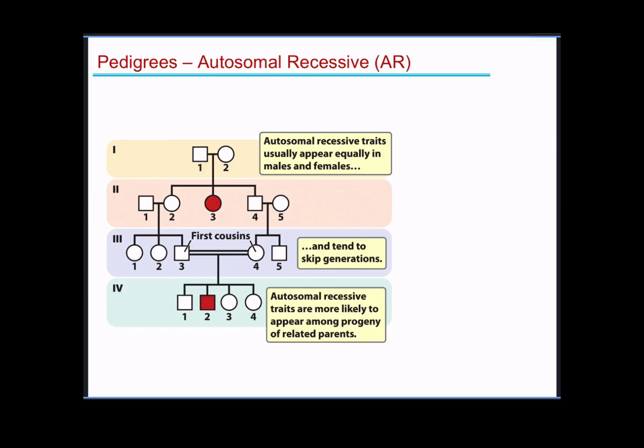They pass it on to their children, and the condition appears, right? So this idea that these types of conditions are more common when there is consanguinity doesn't mean that there has to be consanguinity for them to appear. Yeah? We good?